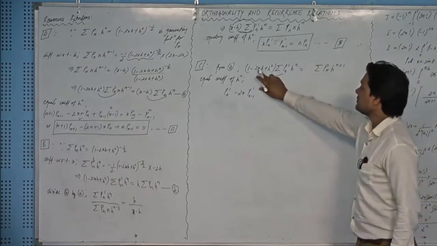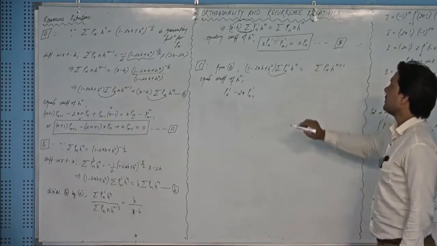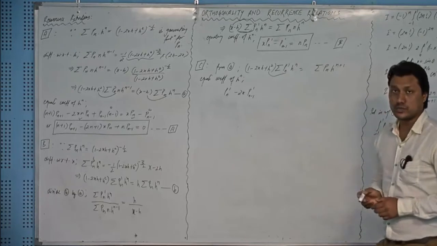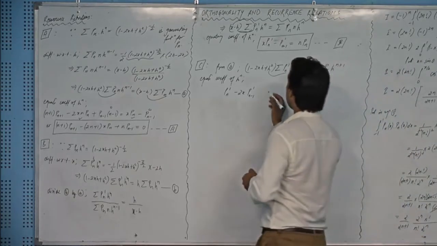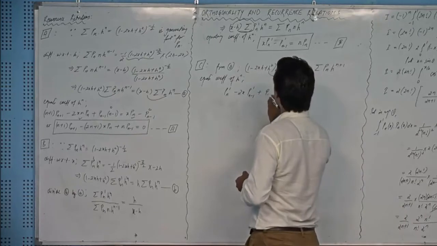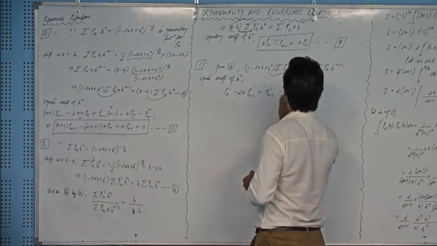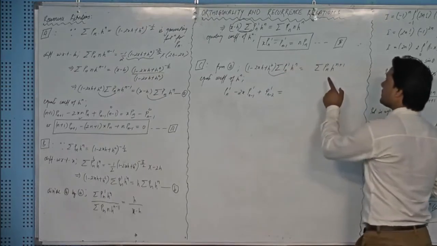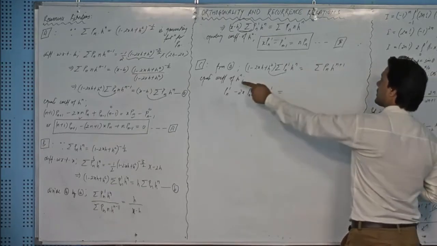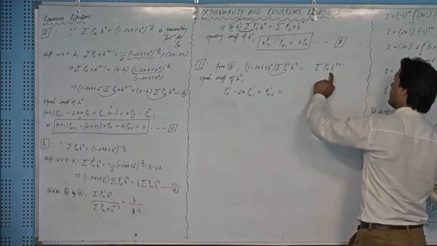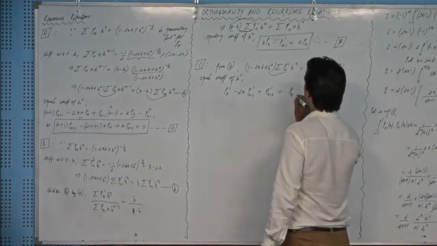And see the third term, it will produce h to the power n plus 2, and to get h to the power n you have to scale down twice, and that will produce plus Pn minus 2 dash, right? And here you have to get h to the power n, so that will produce Pn minus 1.